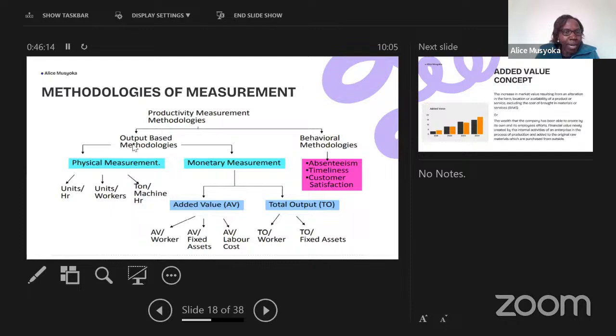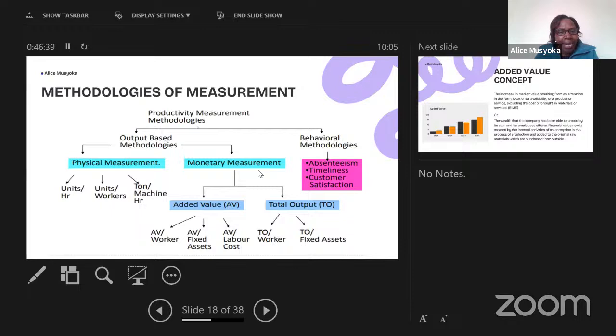On the side of output-based methodologies, we are looking at physical measurement or monetary measurement. Under physical measurement, we are looking at units per hour or units per worker or tons per machine per hour.